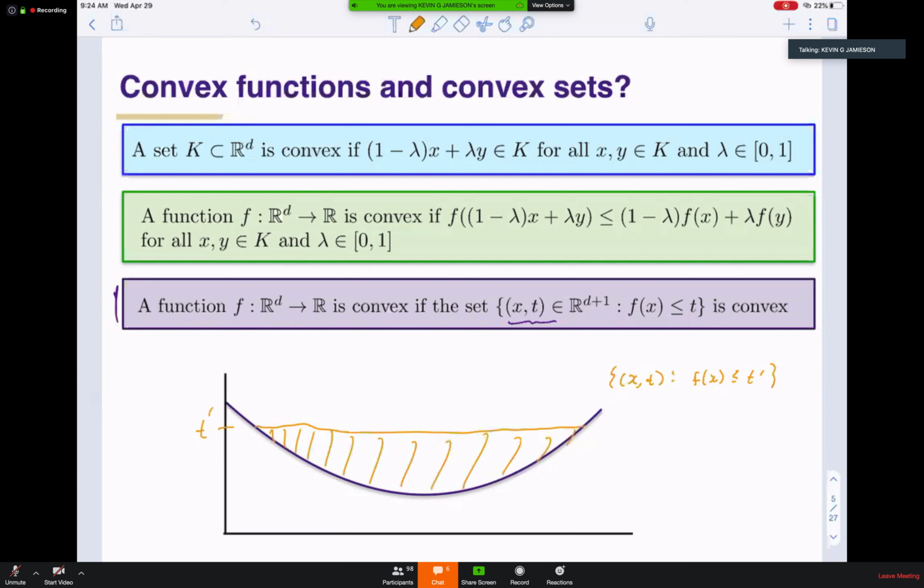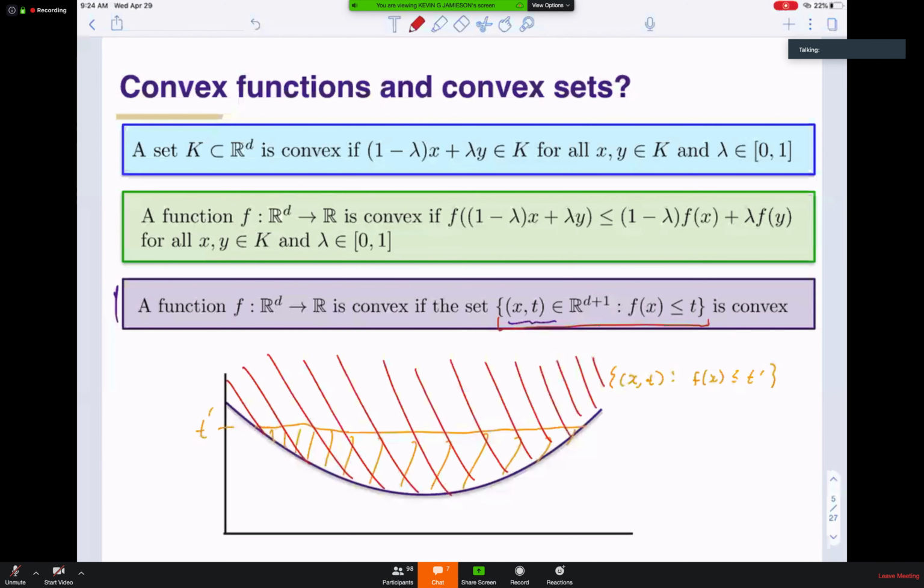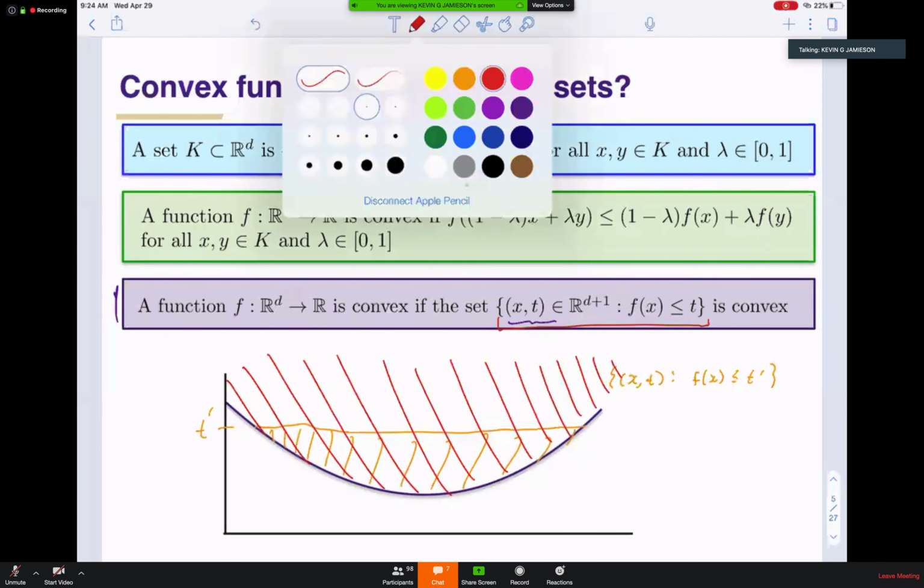And what this set is doing is basically all points x and t such that f of x is less than or equal to t. And so this set is this entire region above the function like this. And we call this by a very special name.